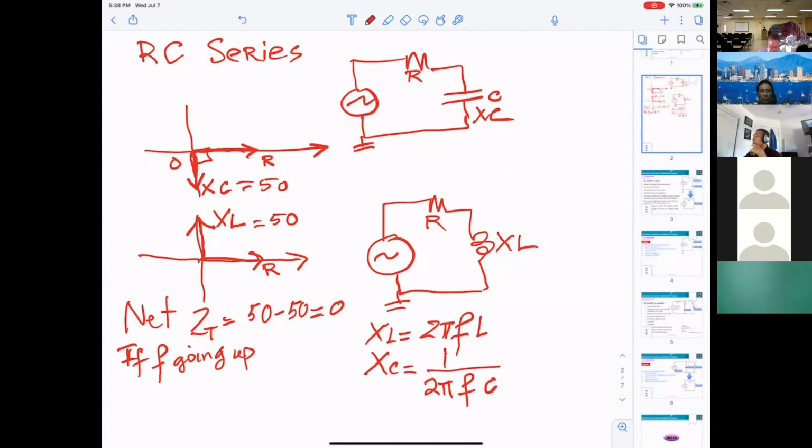And XC? Down. Going down. That's just telling you one thing: XC and XL all the time will be opposite. That's for the series circuitry.